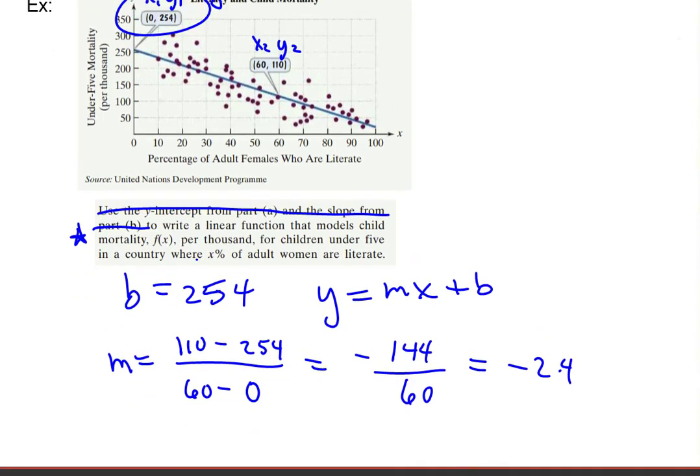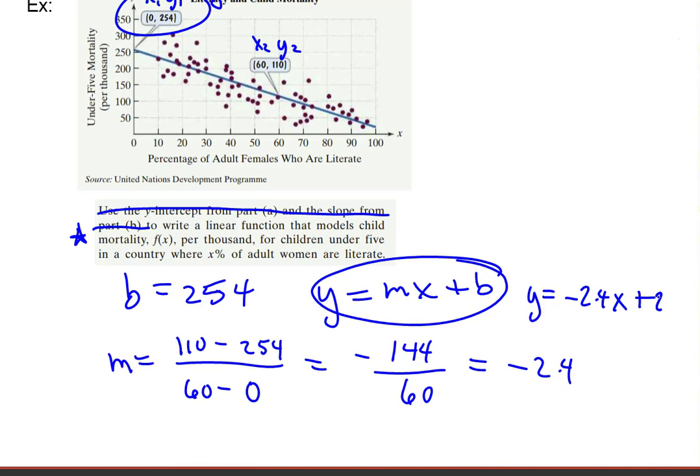And in that case, we have enough to fill out this slope-intercept form. We could say now y equals negative 2.4, that's our m. So negative 2.4x, and then plus b, where b is given as 254, as we've already noted. So that would be the slope-intercept form of our line, negative 2.4x plus 254.